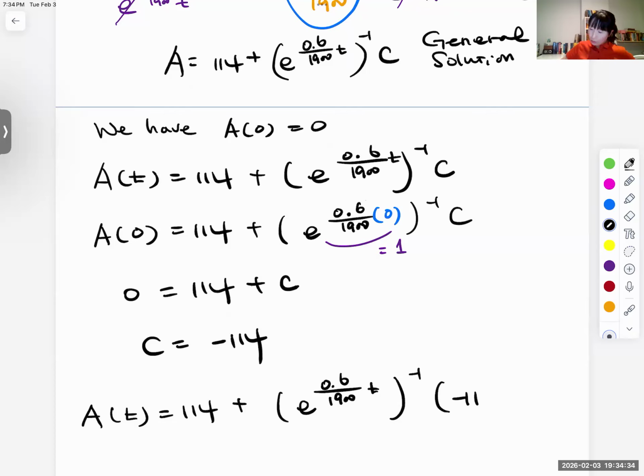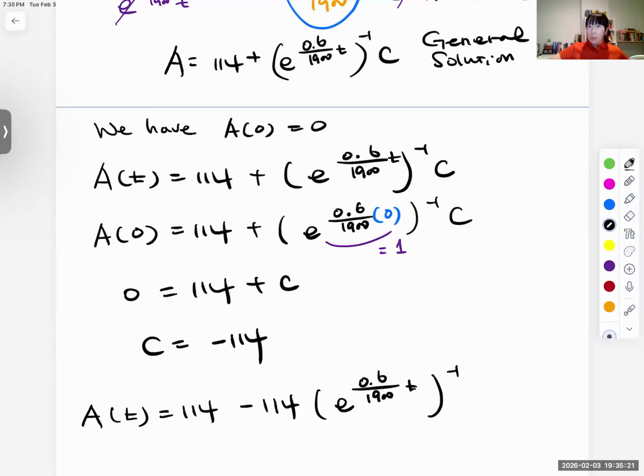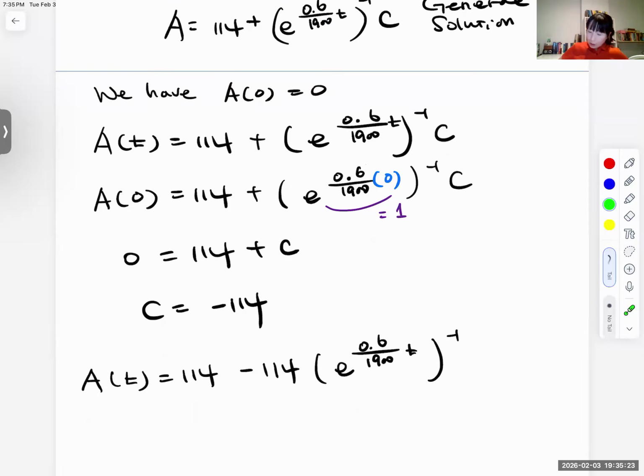Yeah. So -114, I want to write in front. Okay, so I wrote down -114 in front. Normally we put the constant in front, right?